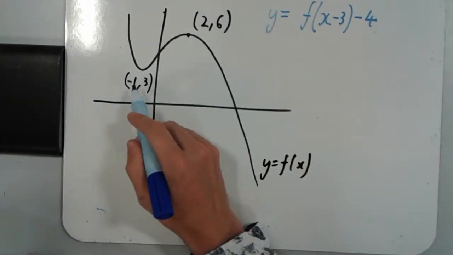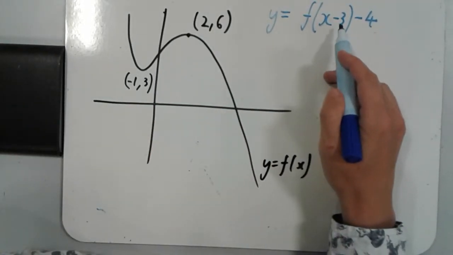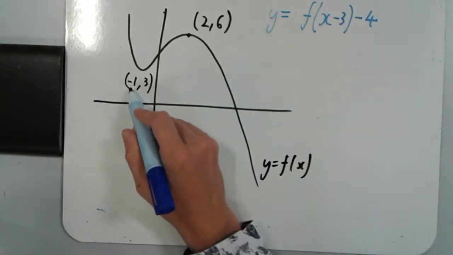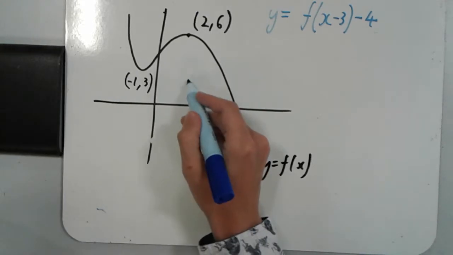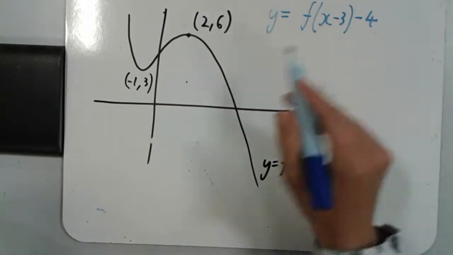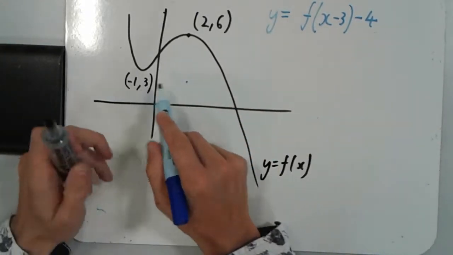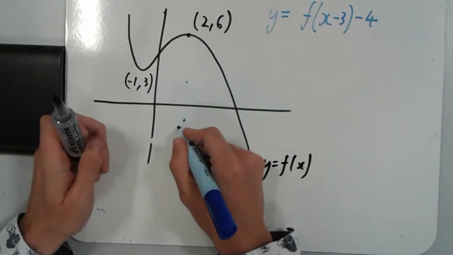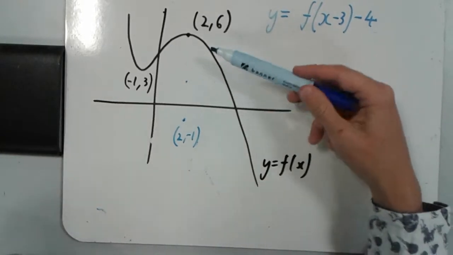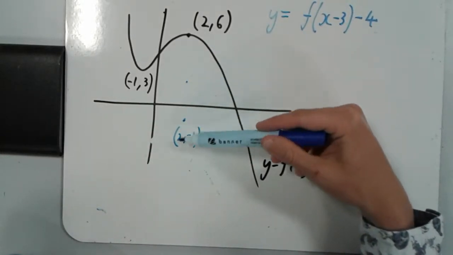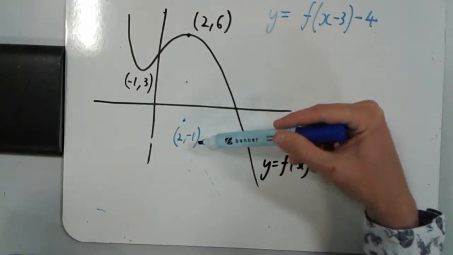Okay, so looking at that, we've got to think, how will the x values change? Well, let's look at this one. I'm going to add 3. Remember, we're solving an equation, so we do the opposite. Add 3, that will move to 2. And then I subtract 4 from the y values. So it was 3, it will move down to minus 1. Okay, just make sure you get everything in the correct quadrant. X is positive, y is negative.